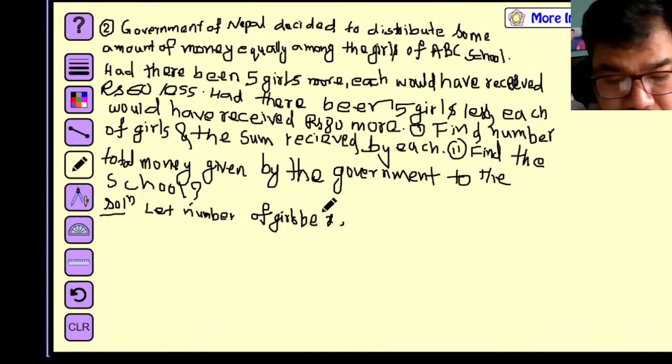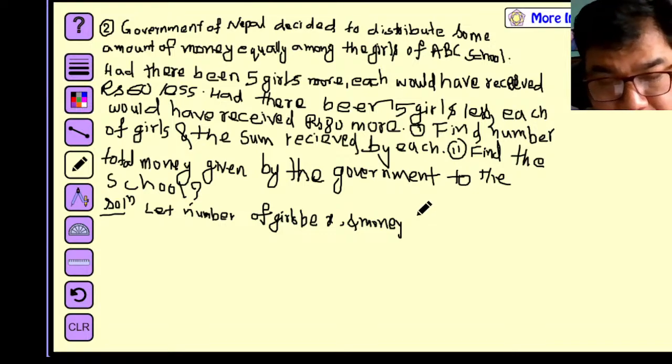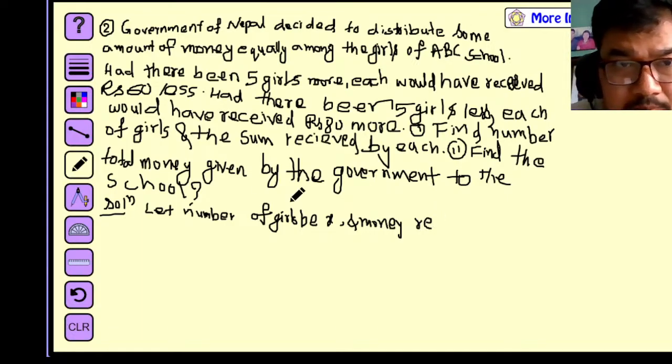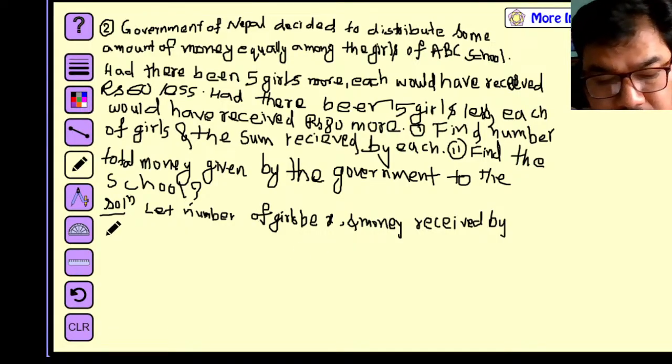And the amount of the money received by each girl.